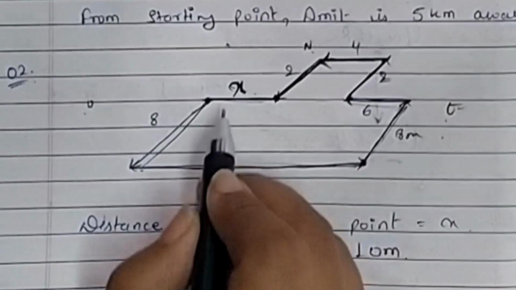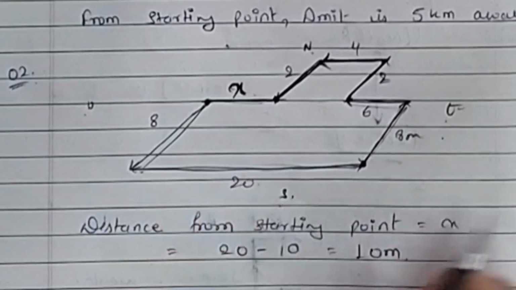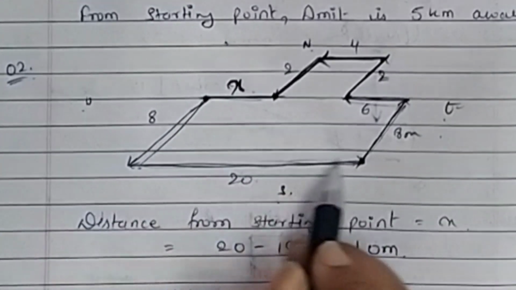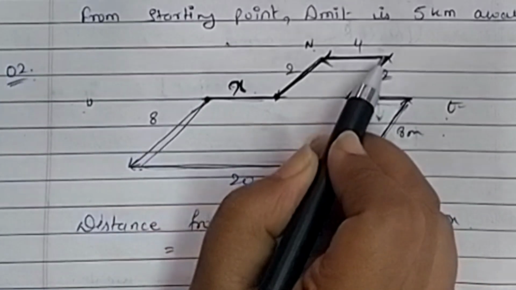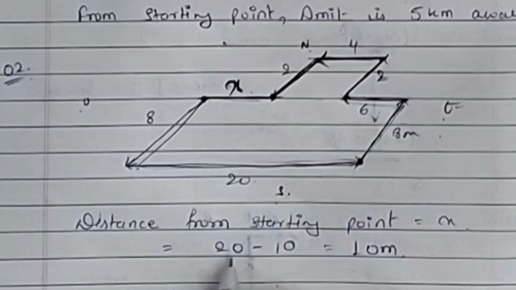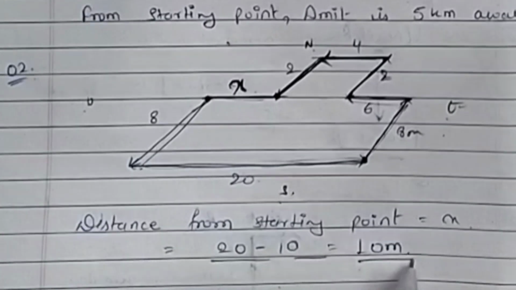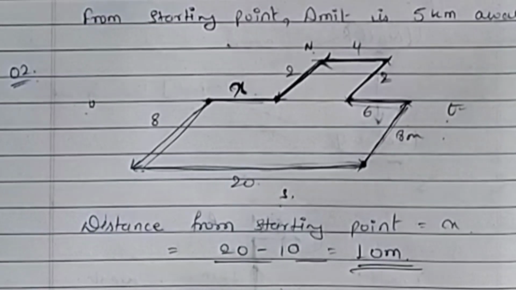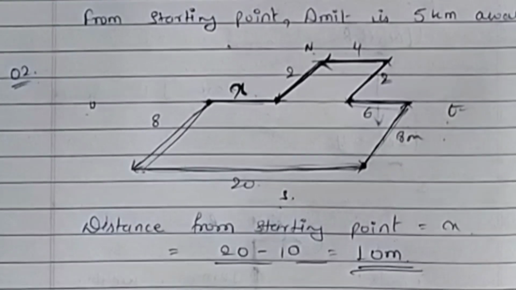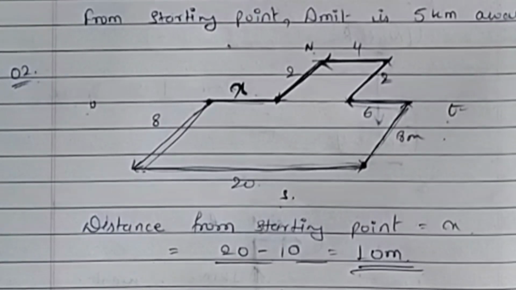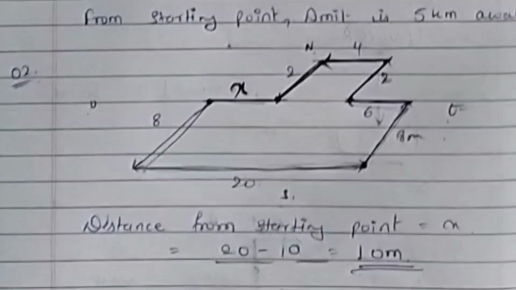Hence x will be equal to 20 minus 6 minus 4, which is 20 minus 10, equal to 10 meters. Hence from the starting point he is 10 meters away. The answer for this question is option A, 10 meters.